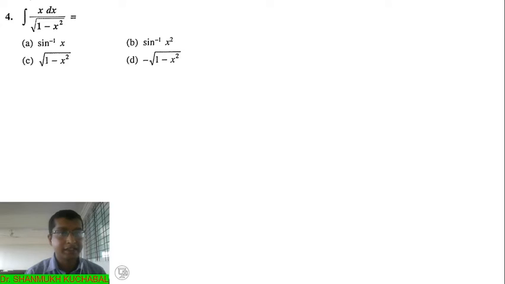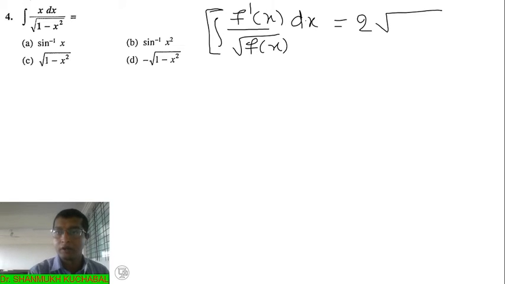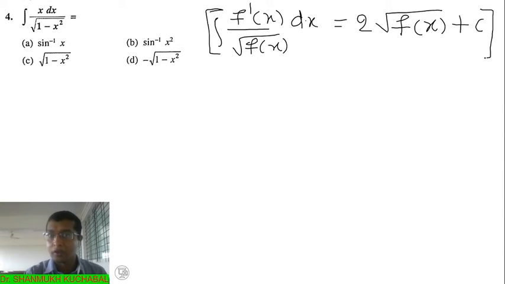Integration of x dx divided by root of 1 minus x square. So I use one formula: integration of f dash of x divided by under the square root of f of x into dx can be written as 2 times root of f of x, and it is an indefinite integration, so we can add the constant c.